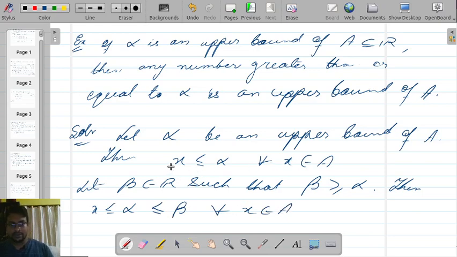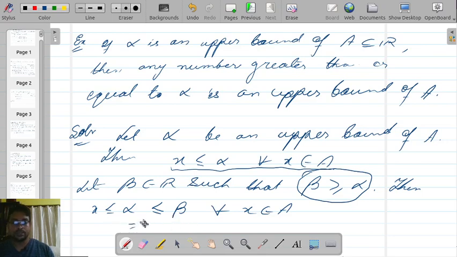We have already seen that alpha is an upper bound, so x is less than or equal to alpha for all x in A. Using the fact that beta is greater than or equal to alpha, we have chosen a number beta greater than or equal to alpha, and immediately it follows that beta is also an upper bound.